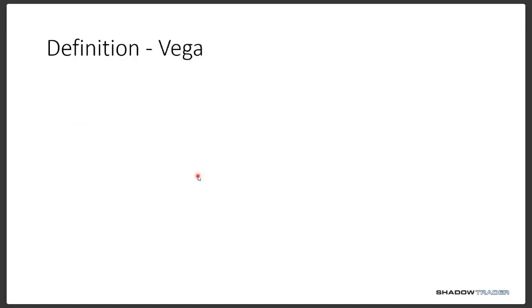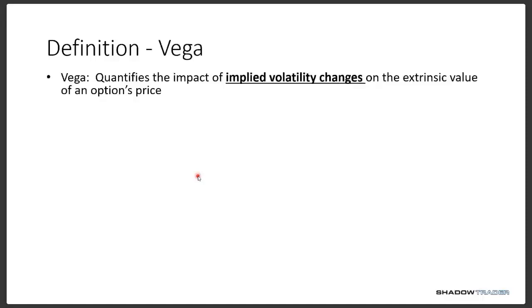Vega. This is implied volatility. Vega measures the impact of this implied volatility change. Now, Vega is shown to you in a value like 0.04. It's not a 4-cent change.